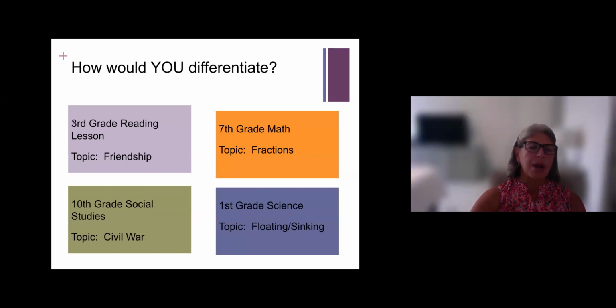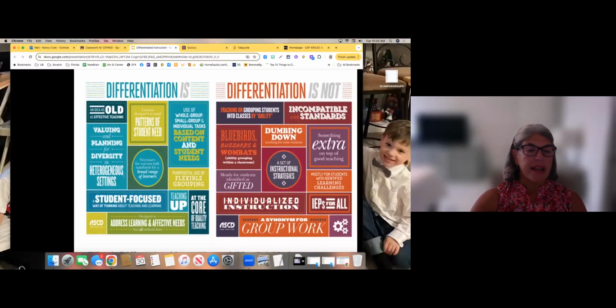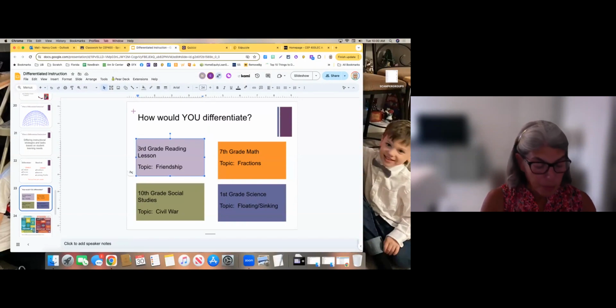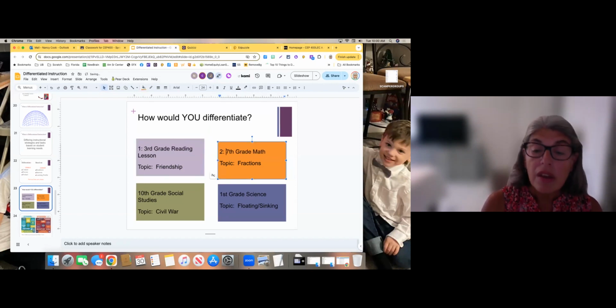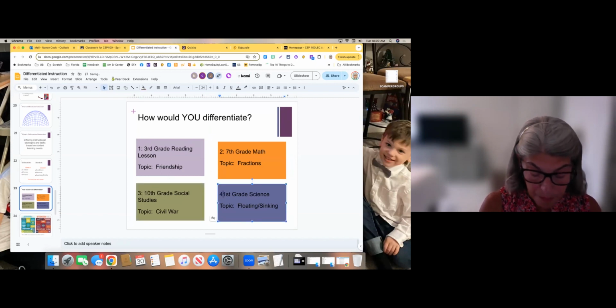So this is going to be breakout room 1. Whoops. Let me go back to that, and I'll put breakout room 1 here so you can see. This is room 1. This is going to be room 2. This is going to be room 3. And this is going to be room 4.